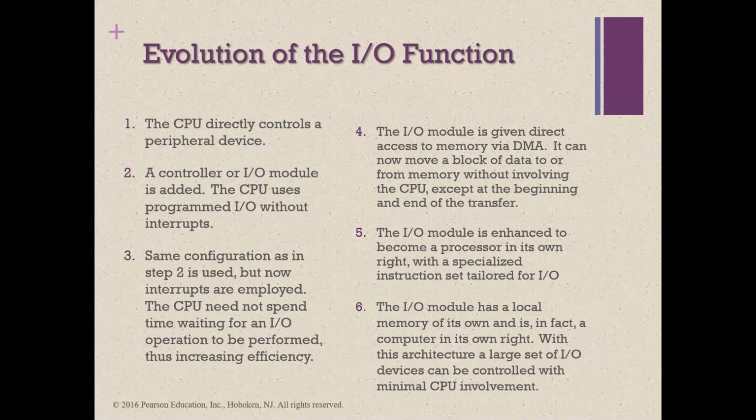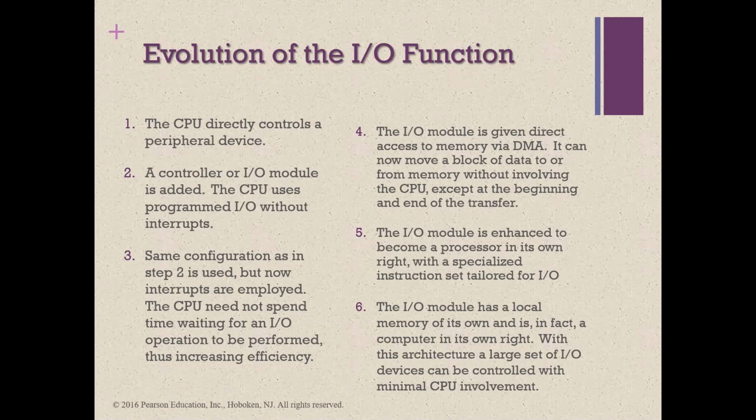The CPU directs the IO processor to execute an IO program in memory. The IO processor fetches and executes these instructions without the CPU's intervention. This allows the CPU to specify a sequence of IO activities and to be interrupted only when the entire sequence has been performed.